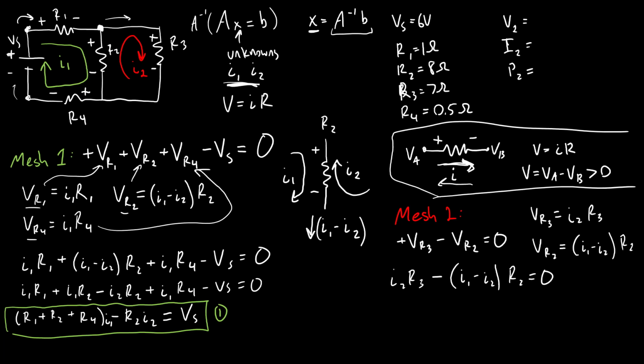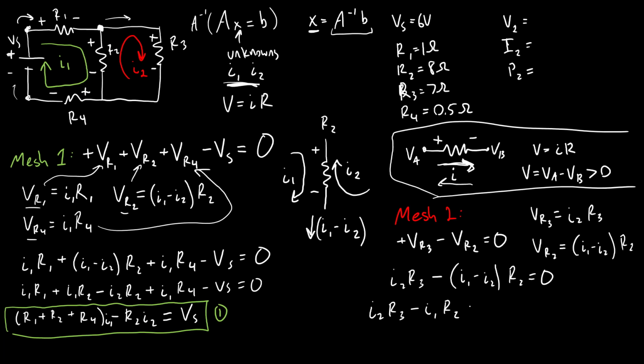I now want to do the same thing. Carefully expand these out because I am multiplying two negative ones there, so that is going to become a positive. So again, be careful with your minus signs. Just don't add an extra one at some point and then wind up flipping all the signs accidentally. So that is going to be I2 R3 minus I1 R2.